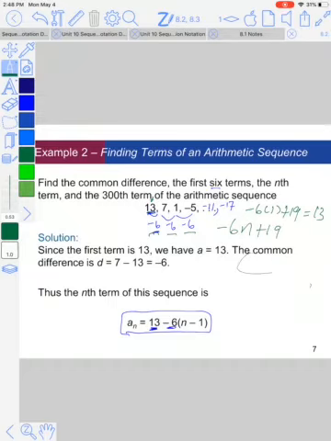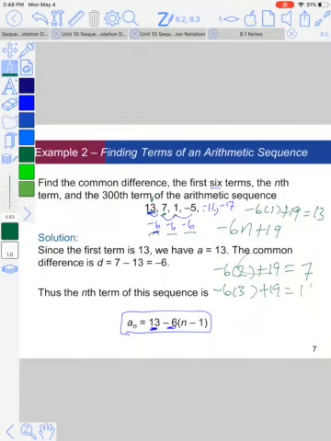I could check the second term by plugging a 2 in. Negative 6 times 2 is negative 12, plus 19 would be 7. That second term should be a 7, and there it is. You could check the third term too: negative 6 times 3 is negative 18, plus 19 is 1.